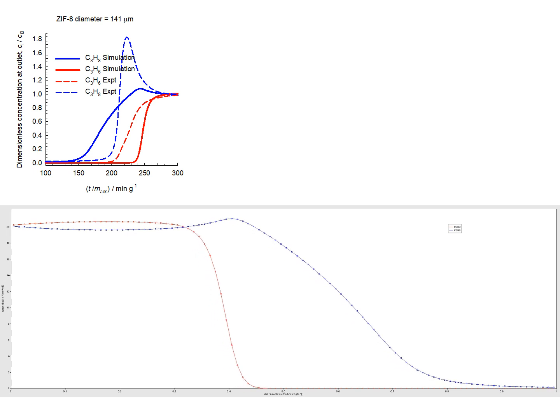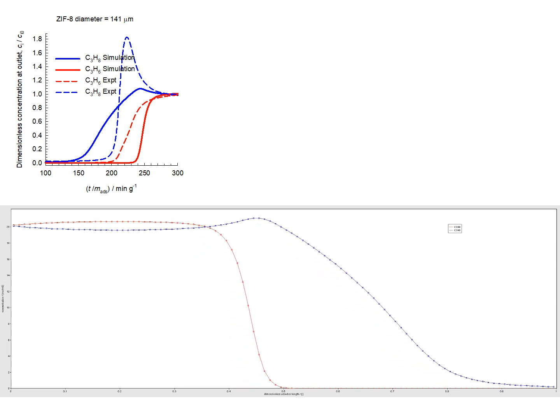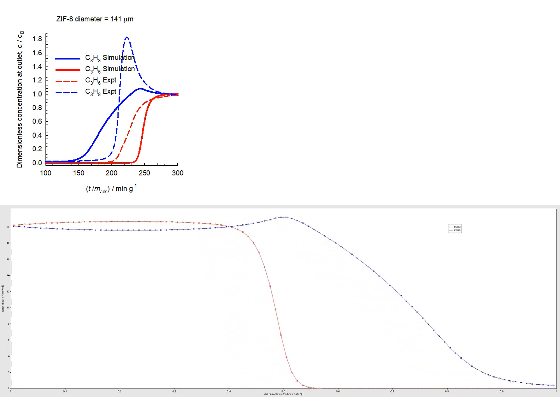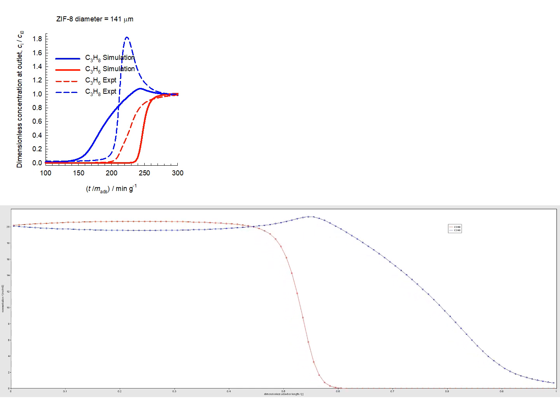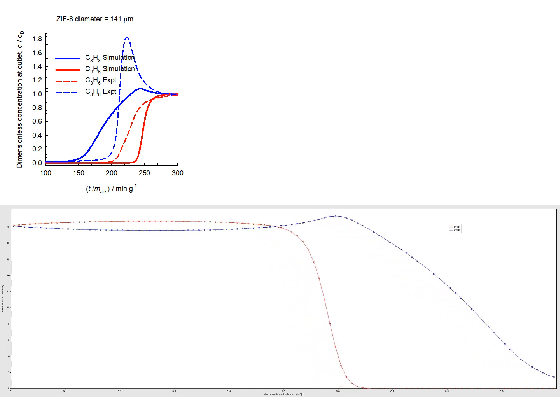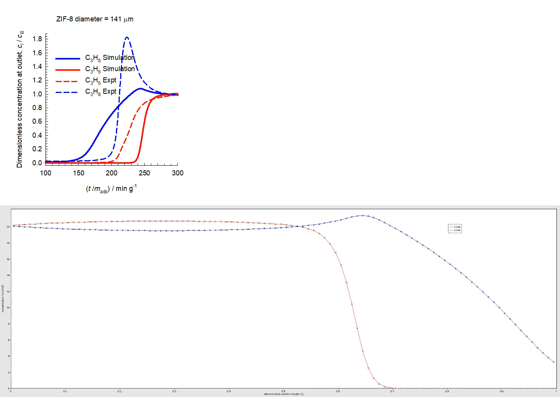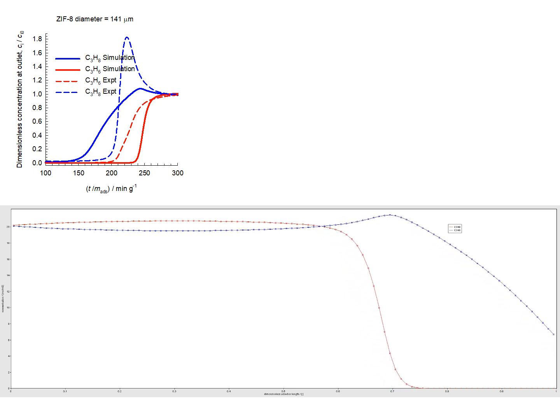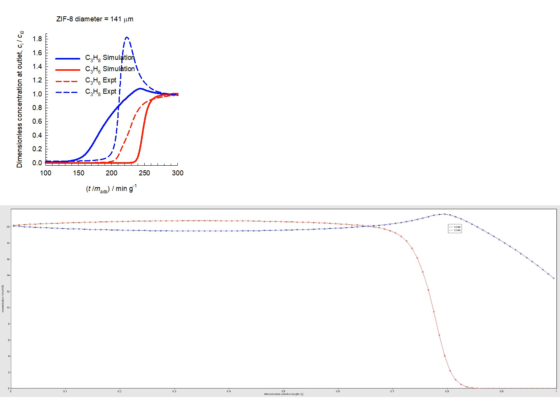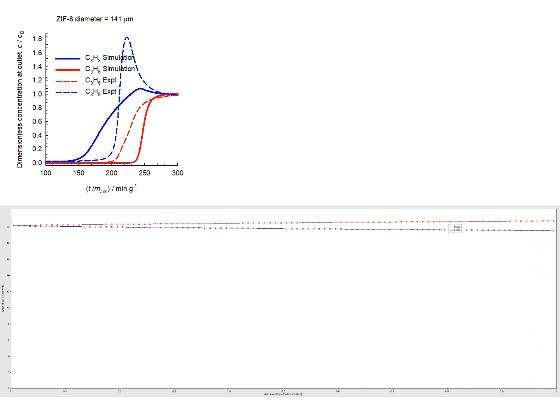Diffusional resistances are stronger than in the previous example, where we had a particle size of 72 micrometers, and therefore the distance of separation between the blue and red lines is larger, and the saturated propane is excluded to a greater extent from the pores of ZIF8.